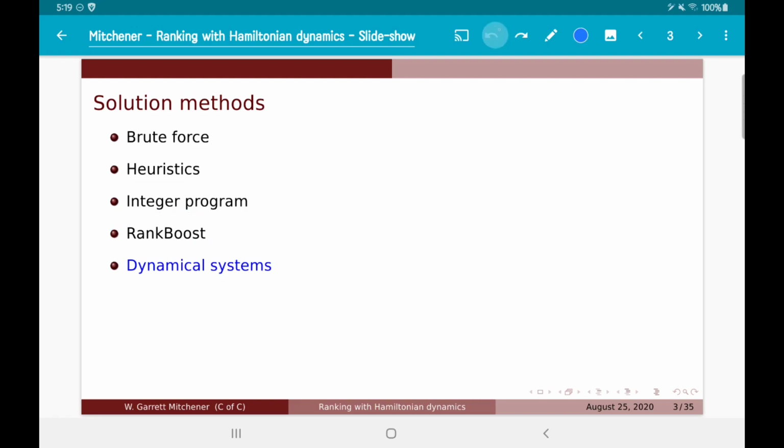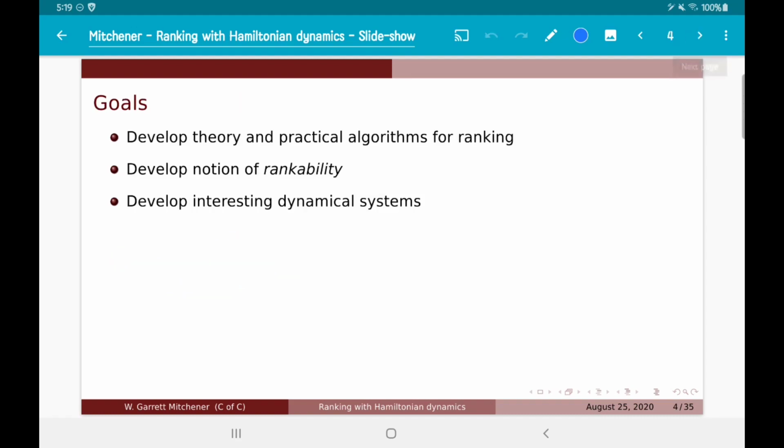But what I'd like to do is to consider the possibility of using dynamical systems to solve ranking problems, and I'm interested in that for several reasons. On the one hand, I would like to develop practical algorithms and also some theory for solving ranking problems. I'd also like to develop a notion of rankability.